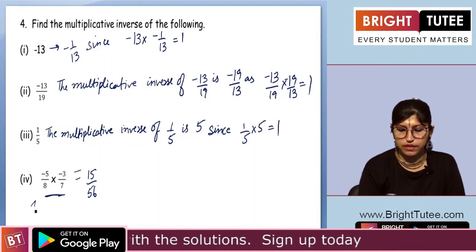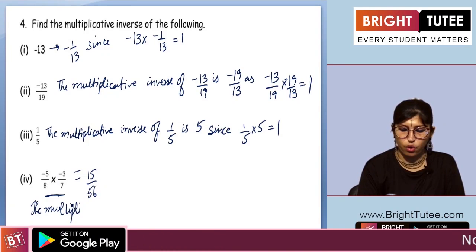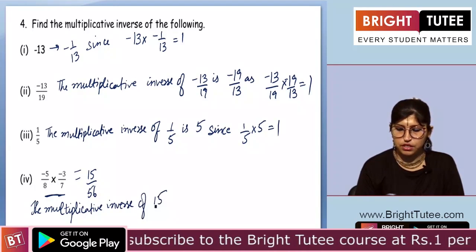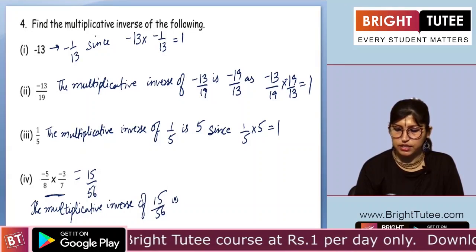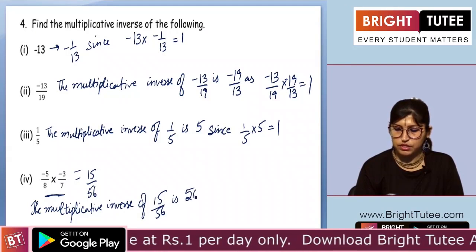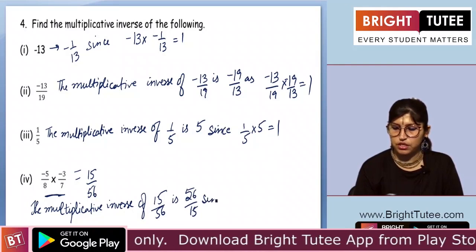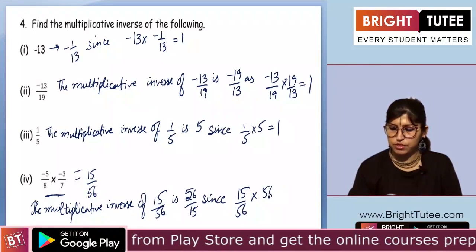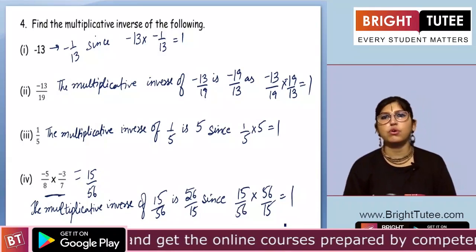So now we can say that the multiplicative inverse of 15 over 56 is 56 upon 15, since 15 upon 56 times 56 upon 15 will be equal to 1.